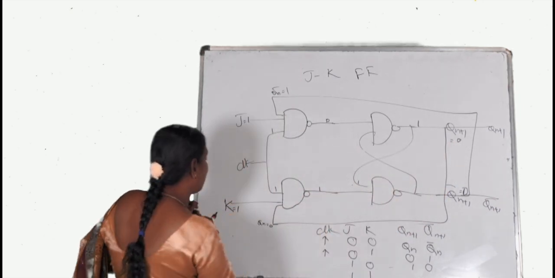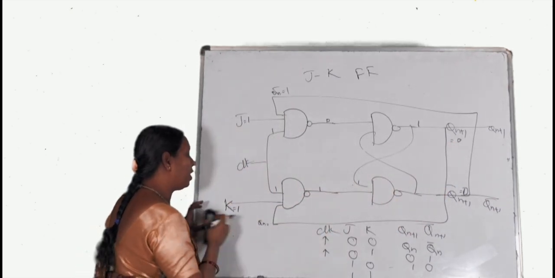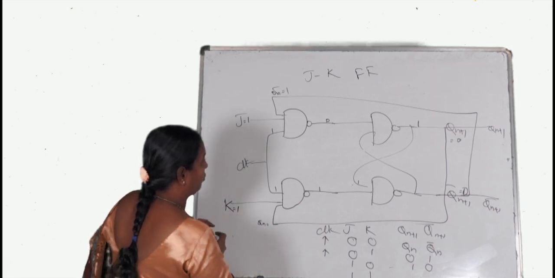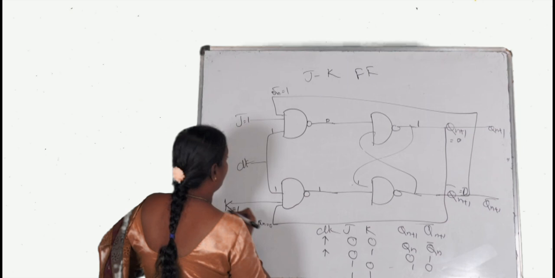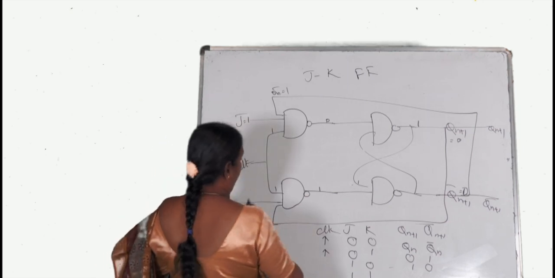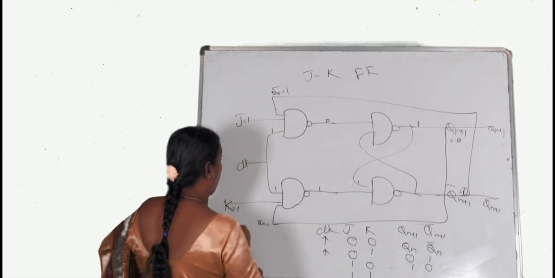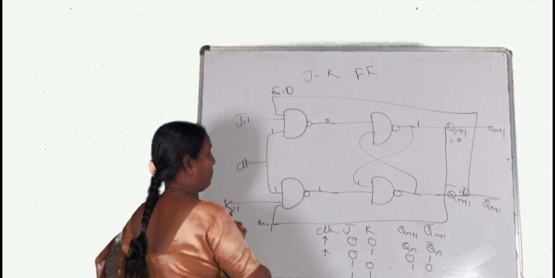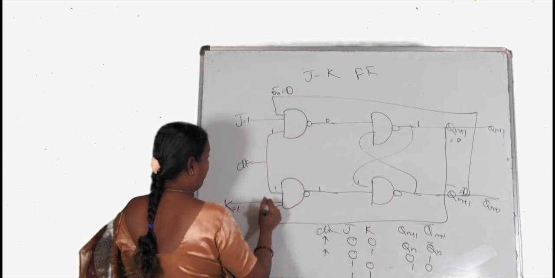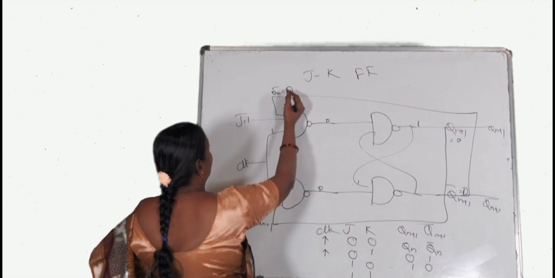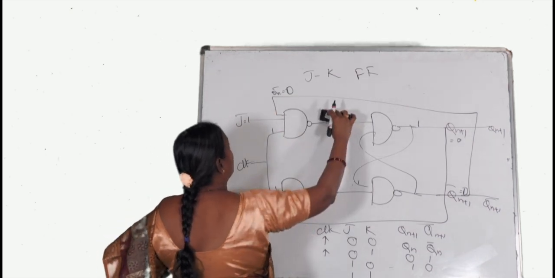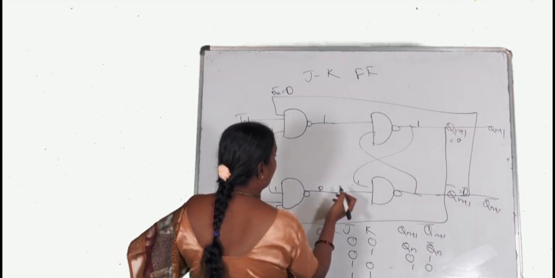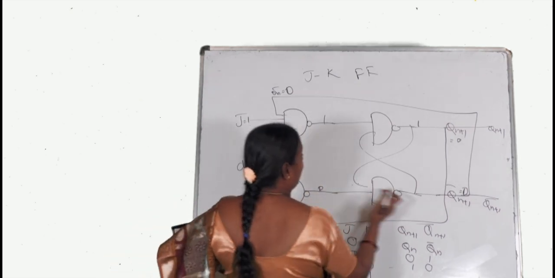If Qn is 1, now Qn is 1 and this will be 0. Then what happens? See, all three are 1s, so output is 0. 0, 1, 1. This is 1, as this one is 0, irrespective of this one it will be 1.